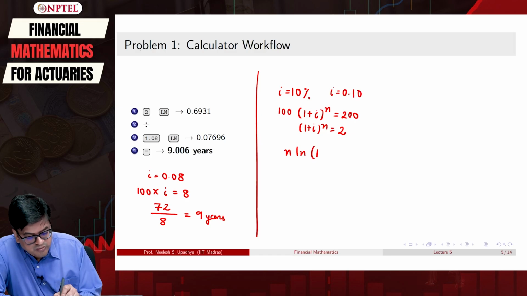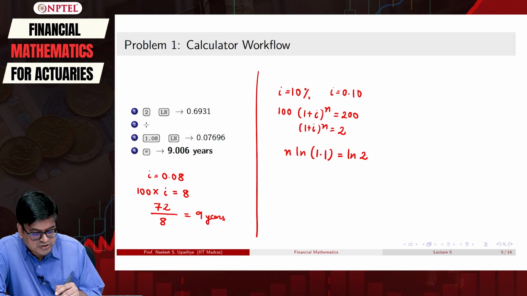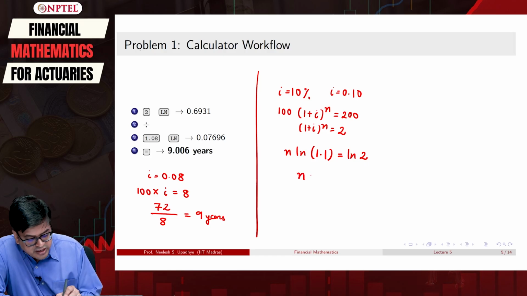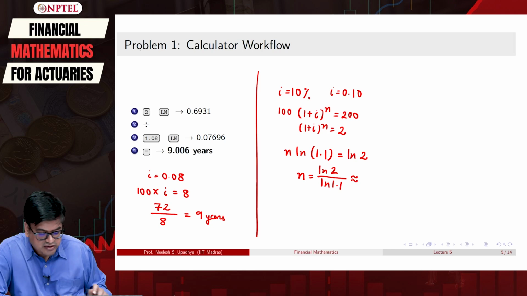So n times ln of 1.1 is equal to ln of 2. I have jumped two steps now, and therefore n is equal to ln of 2 upon ln of 1.1. Whatever the answer is, we can calculate it from our calculator.